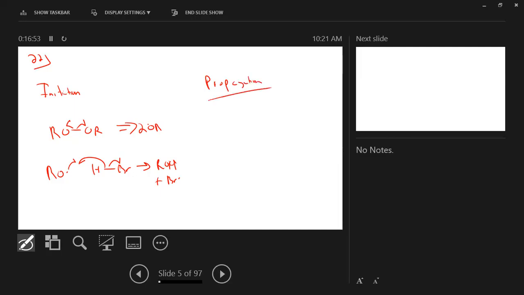So we have propagation. Or if we have that, bromine. Have that.